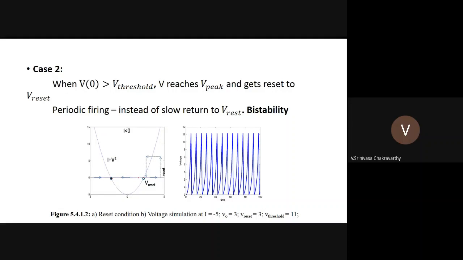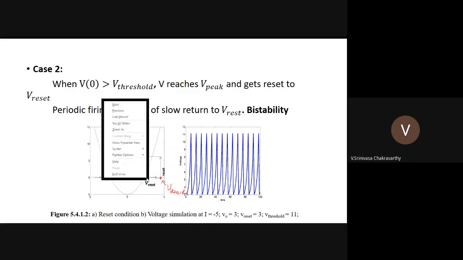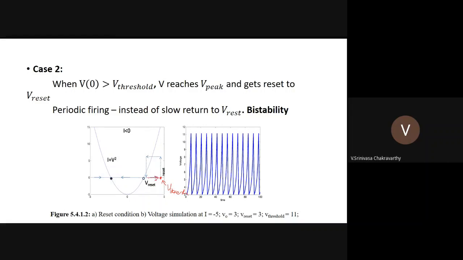But if you get kicked beyond this, this is my V threshold, and this point is V reset. Once you go to this point, you get reset here immediately, and again you climb up here somewhat slowly, and again you get reset. So it will keep on spiking forever.